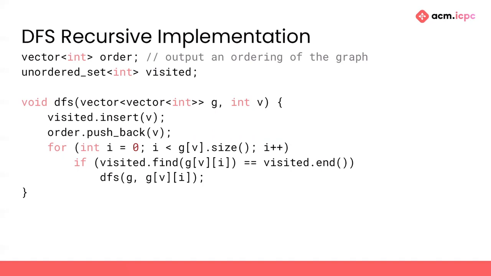So when you have visited.find equals visited.end, it means whatever you're trying to find is not in the set. So this is telling us that we didn't add it to the visited set, so we must have not visited it yet.